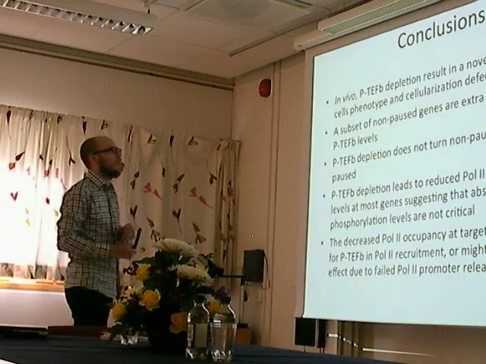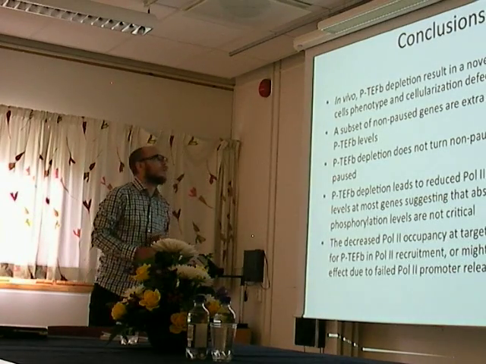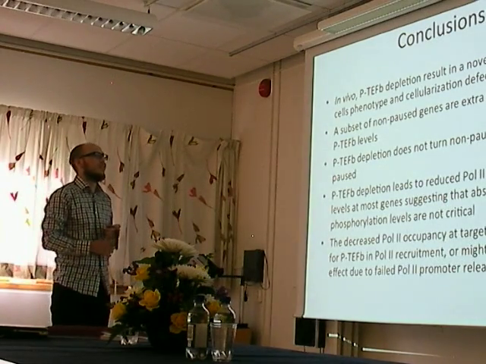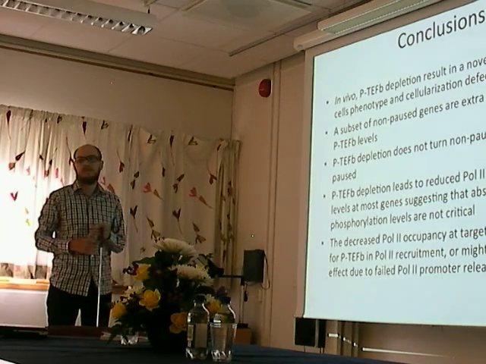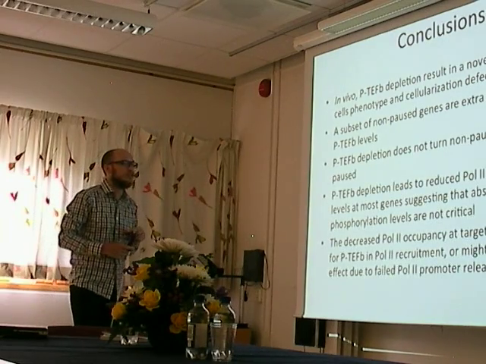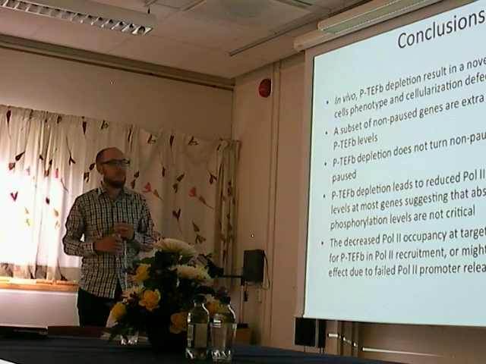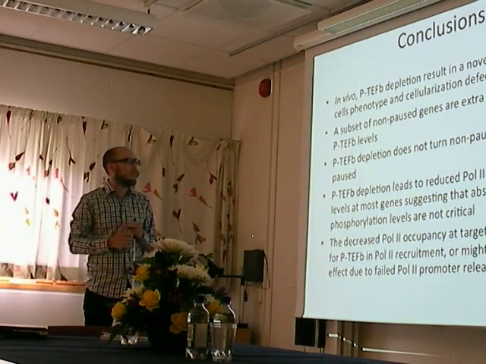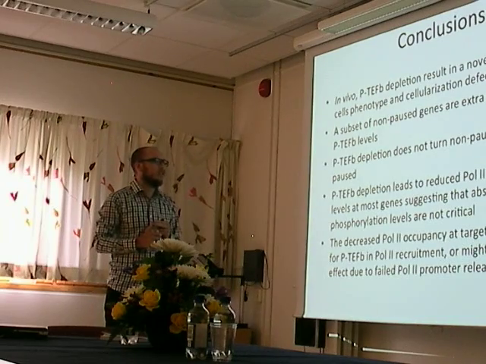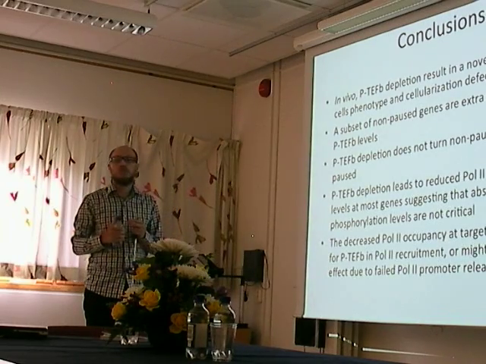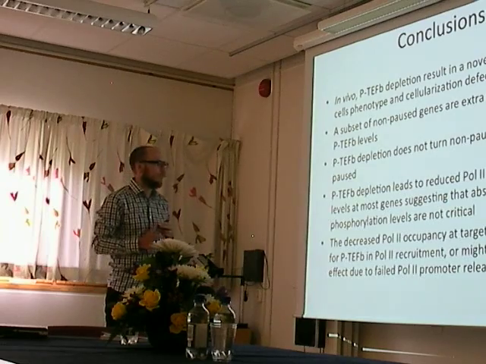Conclusions of the first part: in vivo P2B depletion results in a novel posterior loss of cells phenotype and cellularization defect. A subset of non-post genes are extra sensitive to reduced P2B levels. P2B depletion does not turn non-post genes into post genes.